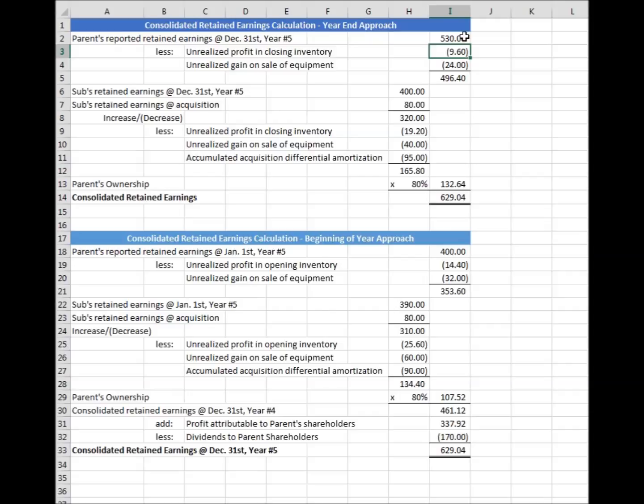But since we can actually realize the opening inventory, once again going back to that idea of it being a current asset and it being on our books for over a year now, then we can now realize it. But we can't do the same with the closing inventory, so that's why that's here. And unrealized gain on sale of equipment, this is just the bottom number over here. So after we take our amortization and we subtract the amortization, we have this number at the end of the year.